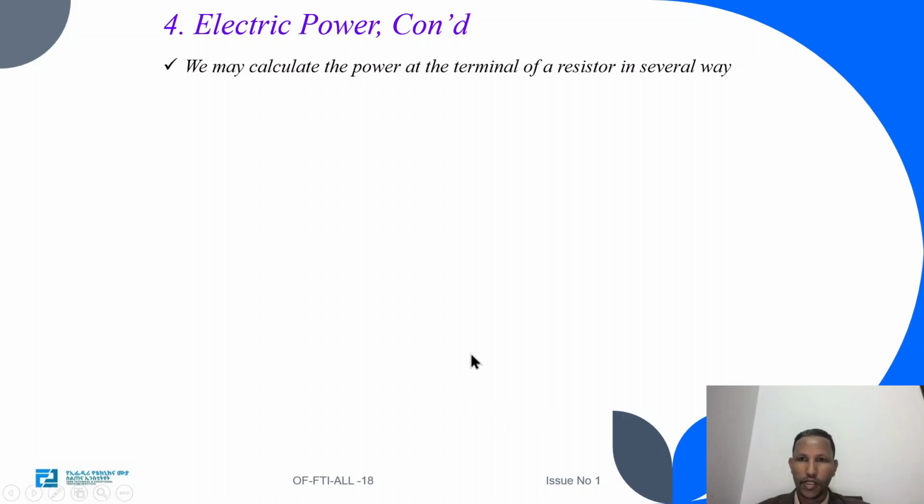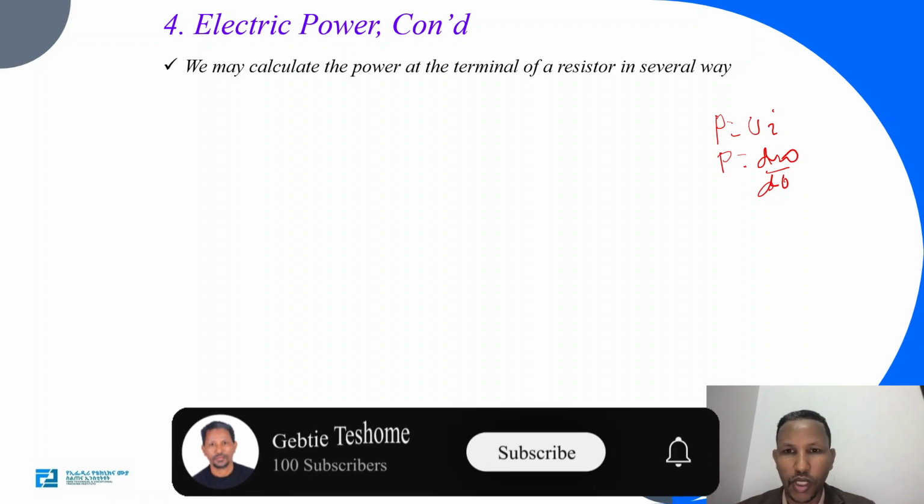We have seen that we can calculate the electric power by using different techniques. The first one is voltage times current, or power which is given by dW by dt. So let's continue from the previous one.